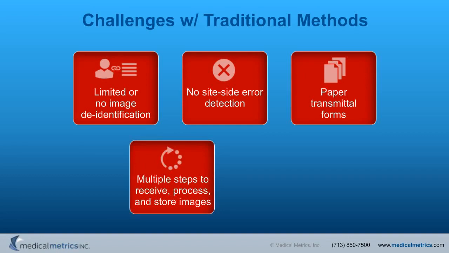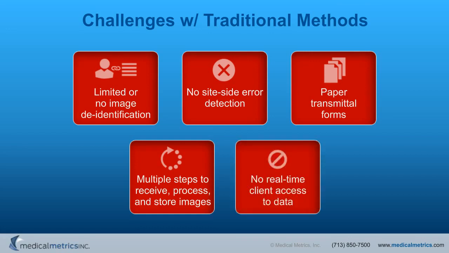Multiple steps to receive, process, and store images. When images are received on CD or via FTP at the core lab, there are multiple steps associated with moving the images from the input media into the core lab's database, and then combining the transmittal information with the images. This takes time and must be done meticulously by the core lab to avoid errors. And finally, no real-time access to data.